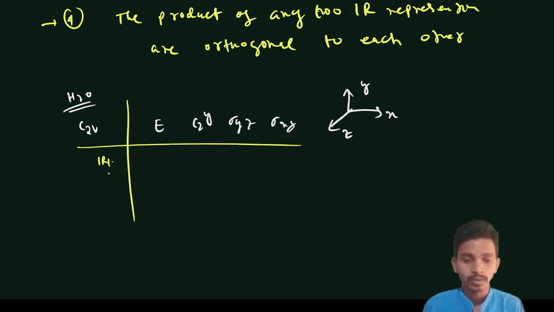So here I will draw up to 4, because there are 4 classes: IR1, IR2, IR3 and IR4. This is by the first postulate.